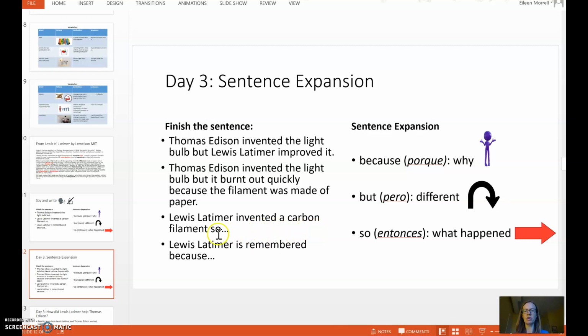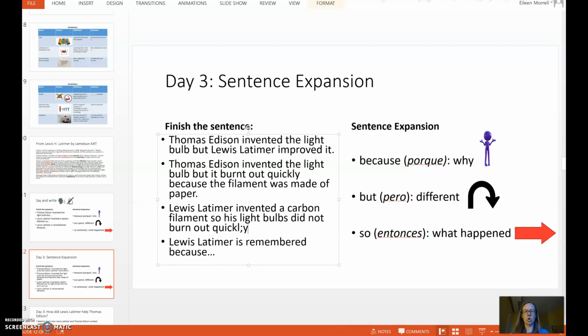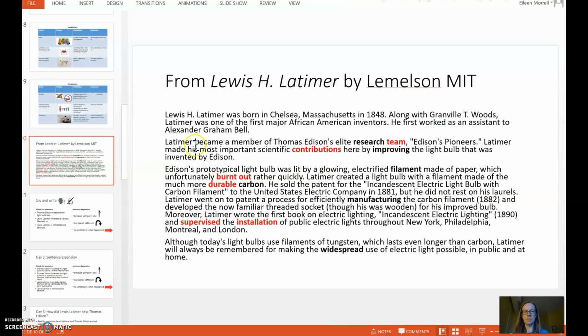Latimer invented a carbon filament, so his light bulbs did not burn out quickly. Another thing that I remember, I remember reading that these durable carbon lights made it possible to have public electric lights.